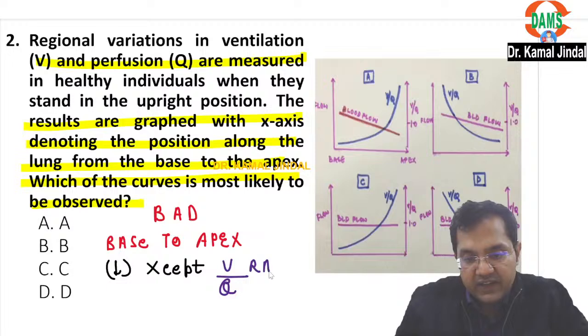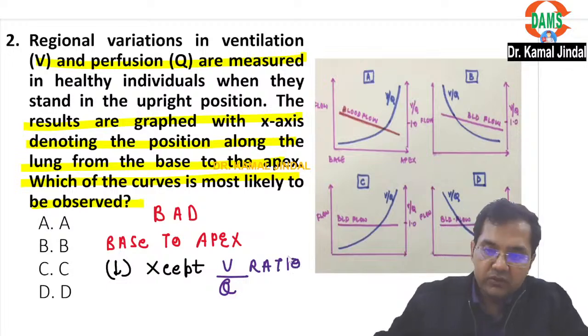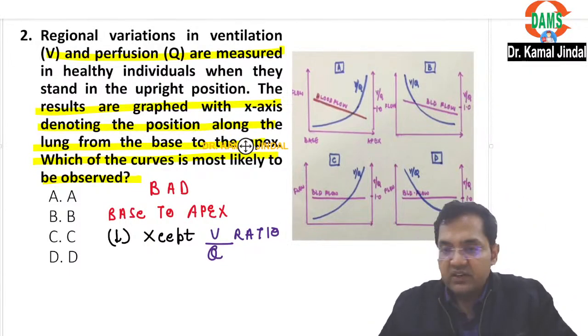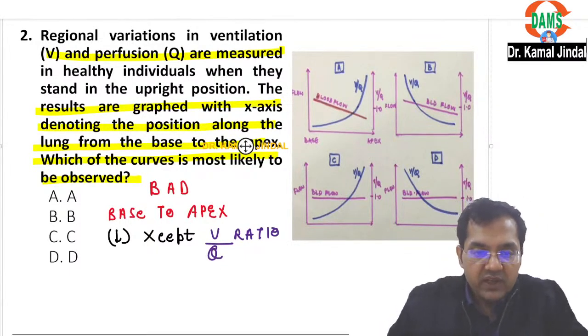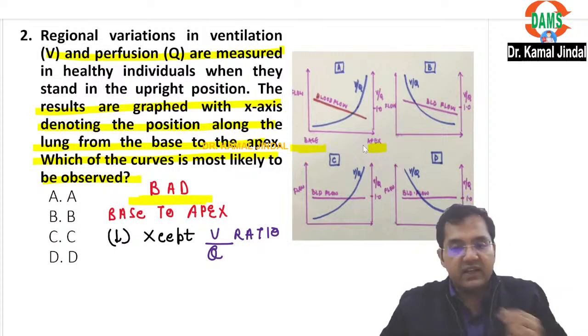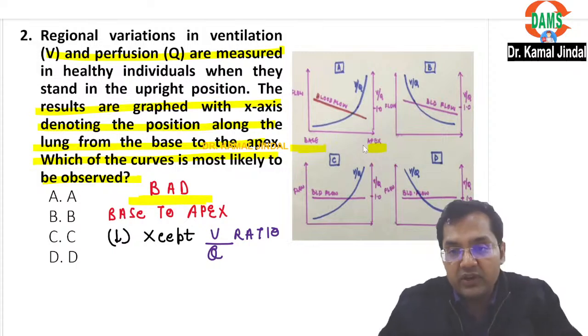Everything decreases except VQ ratio. So VQ ratio in the standing posture is a very, very important topic. You must study it from the videos, and I'm telling you one very easy mnemonic which I've also told you in videos: base to apex. Now I'm going from base to apex, everything decreases, but only VQ ratio will increase.